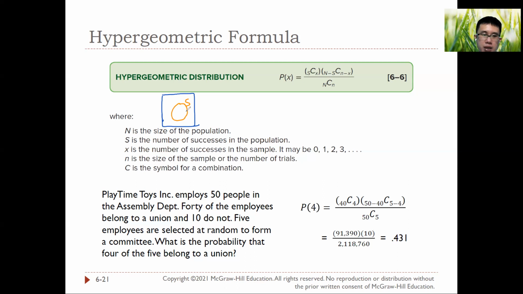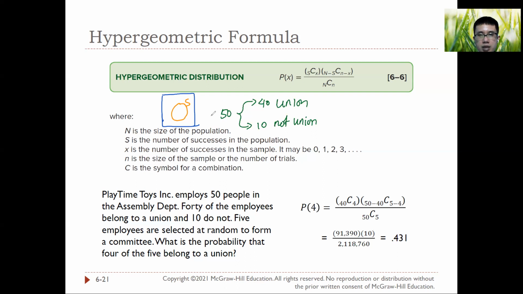There are 50 people in the assembly department, and we know that 40 of the employees belong to a union and 10 do not. So if we illustrate like this, from 50, 40 belong to a union, and 10 are not union.